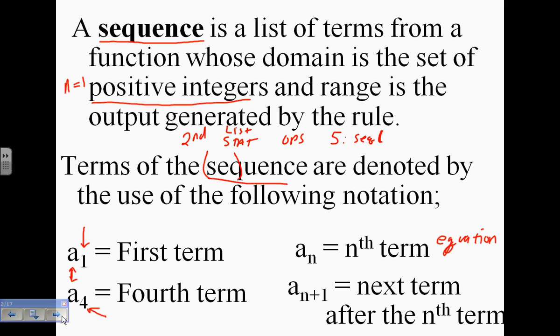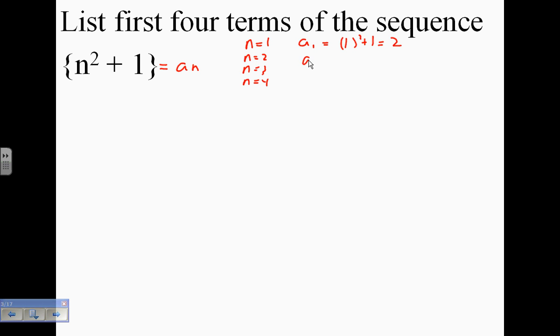All right, first one: n squared plus 1. Remember, this is your rule, and it equals a sub n. The first term is when you put in n equals 1, n equals 2 is the second term, n equals 3 is your third term, and n equals 4 is your fourth term. So a sub 1 equals 1 squared plus 1, which equals 2. A sub 2 equals 2 squared plus 1, which is 5.